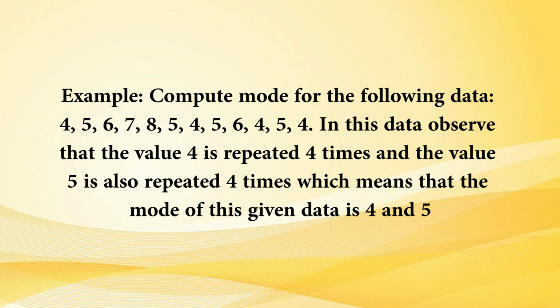In this data, observe that the value 4 is repeated 4 times and the value 5 is also repeated 4 times, which means that the modes of the given data are 4 and 5. As there exist two modes for this data, we can say that it is bimodal data.